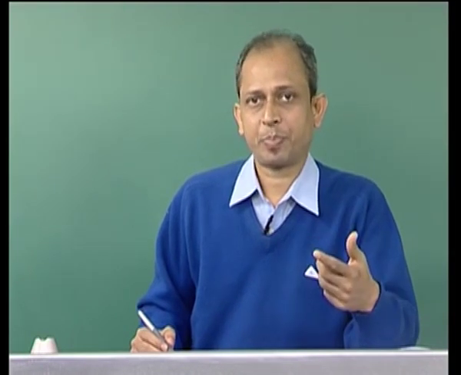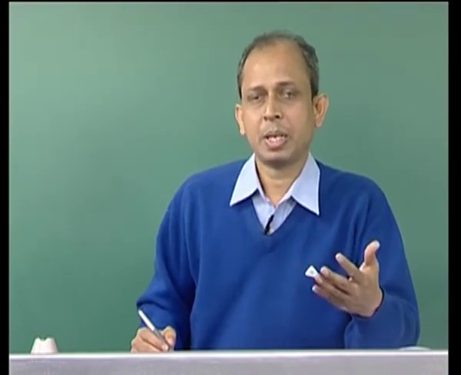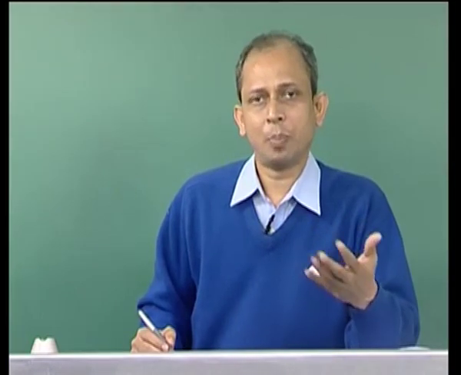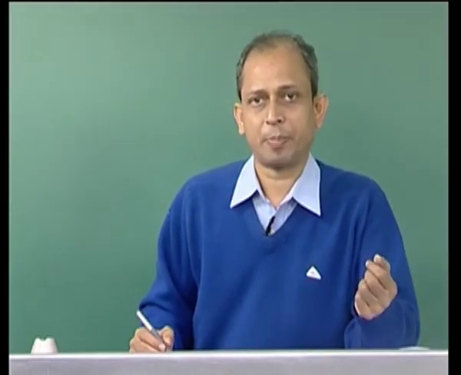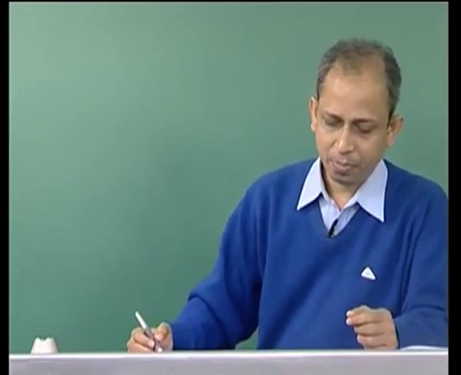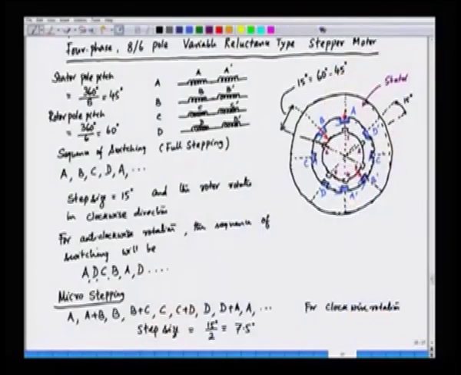Now, let us see the pole pitch of the stator and the pole pitch of the rotor. The stator has 8 poles, and hence the stator pole pitch we calculate as 360 by 8, that is 45 degrees.